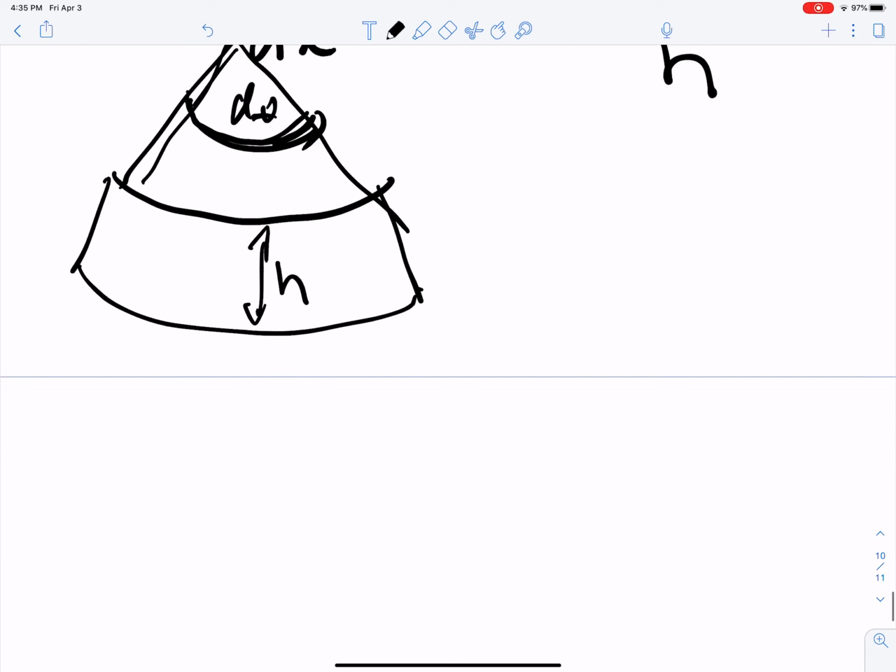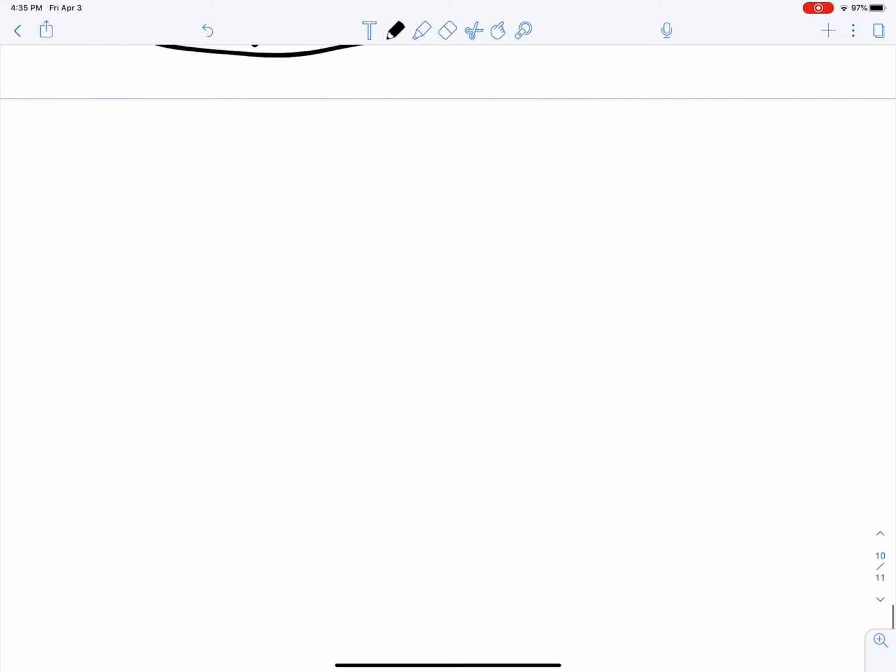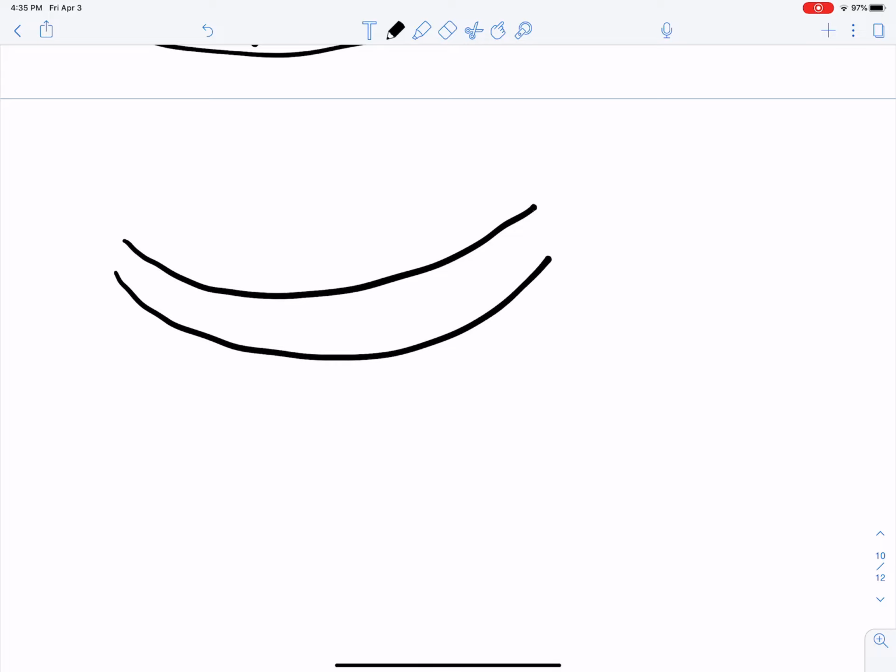Good. So with that in mind, imagine the bar is now deformed like this, the whole thing.